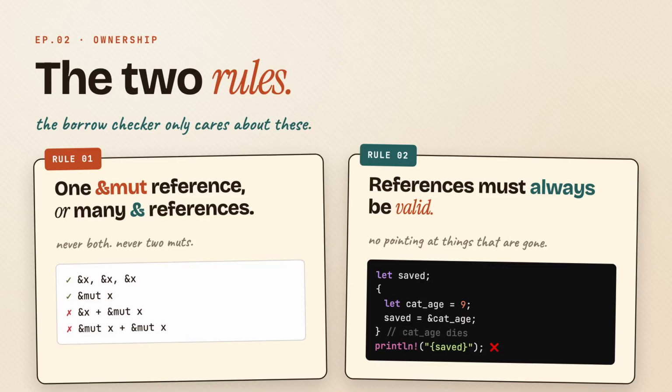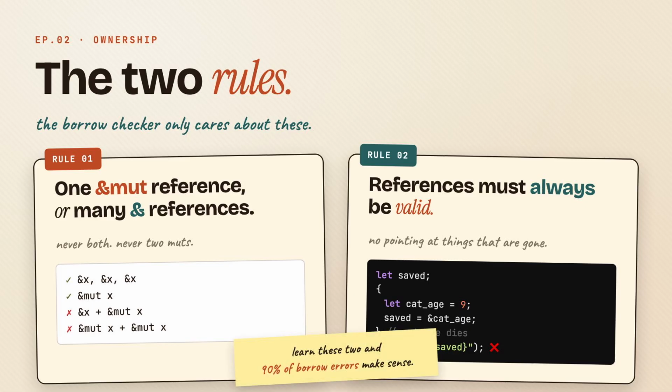So saved would be left dangling. The compiler stops you before that can happen. Well, that's it. Two rules. Together they rule out data races and dangling references at compile time.